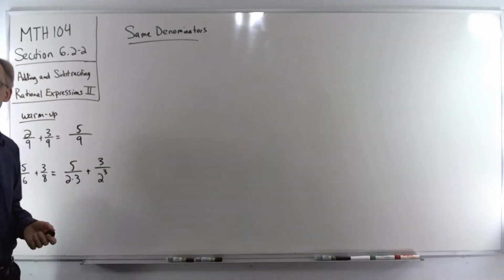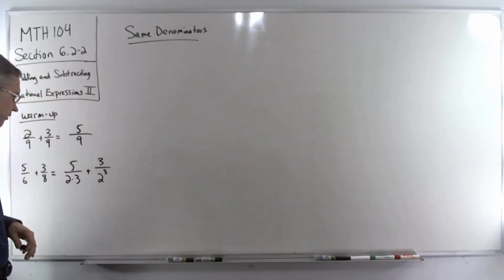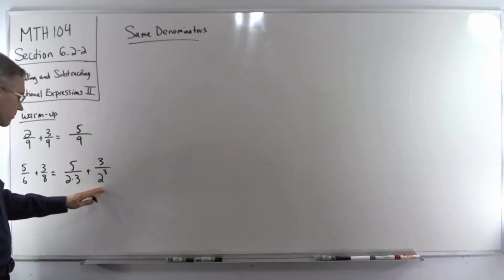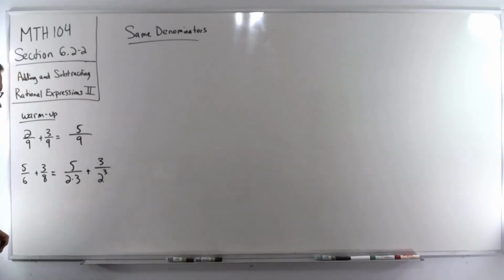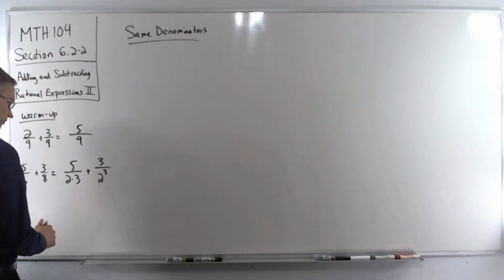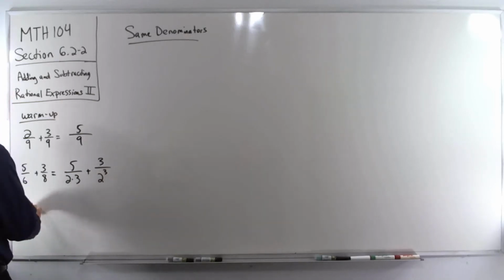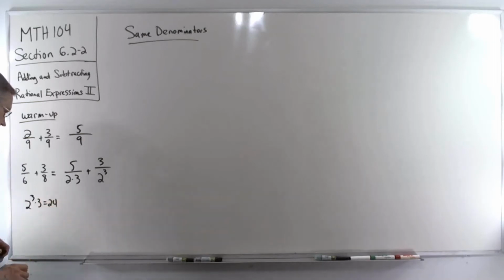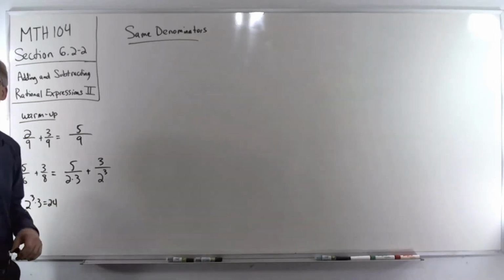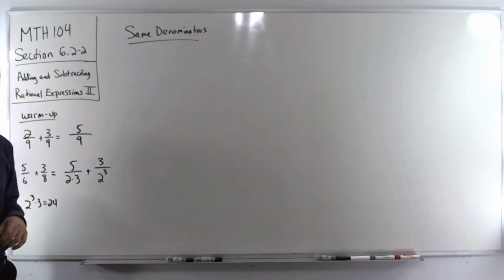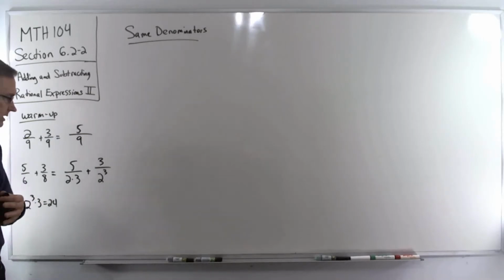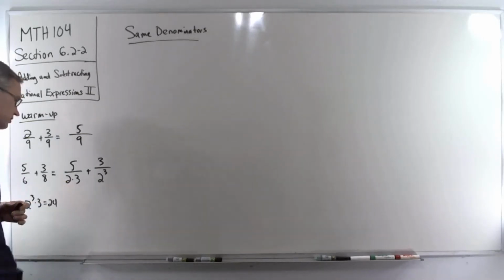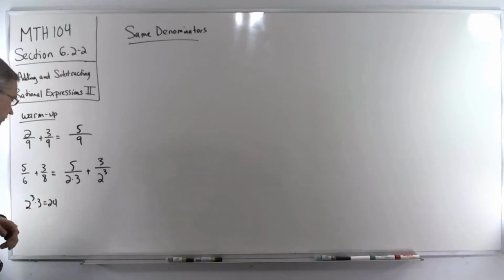Right, now using the techniques that we learned before, if I want to find the least common multiple of those two denominators, I take the highest exponent for each base. So that'd be 2 to the third times 3, which is 24. All right, so our common denominator will be 24. So using the techniques of last time, let's turn these into fractions with a denominator of 24.